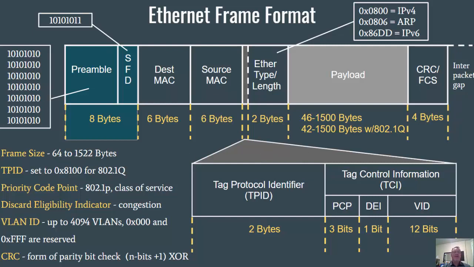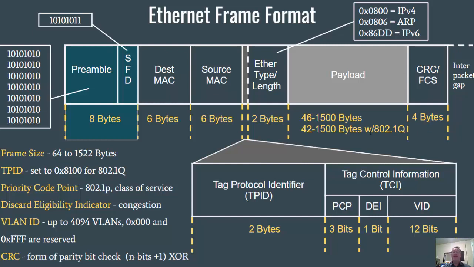So now if we look over here, we can see that the Ethernet frame size is 64 bytes to 1522 bytes. 64 bytes minimum size, 1522 bytes maximum size. So where do we get that? Well, we take the payload size and then the header and trailer size. This is the header over here. This is the trailer. So 6, 12, 14, and then the trailer, another 4.